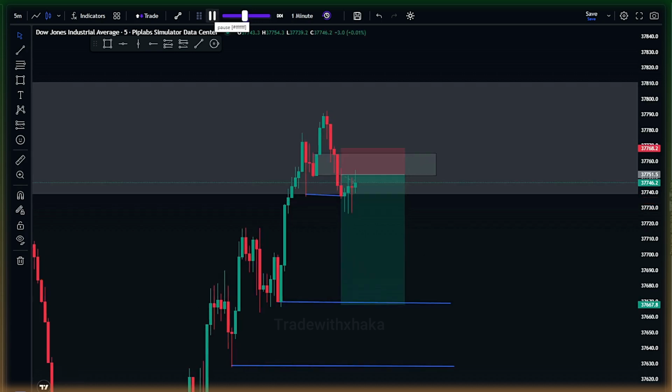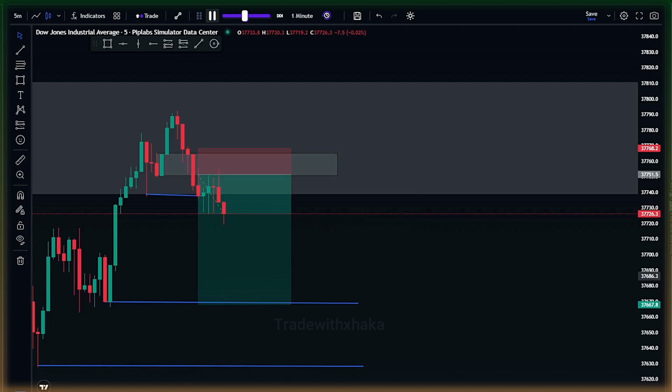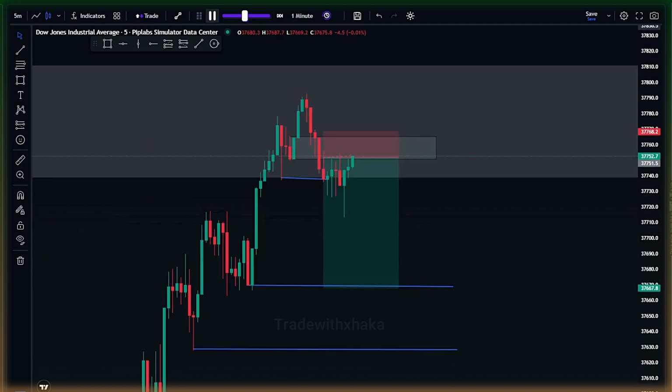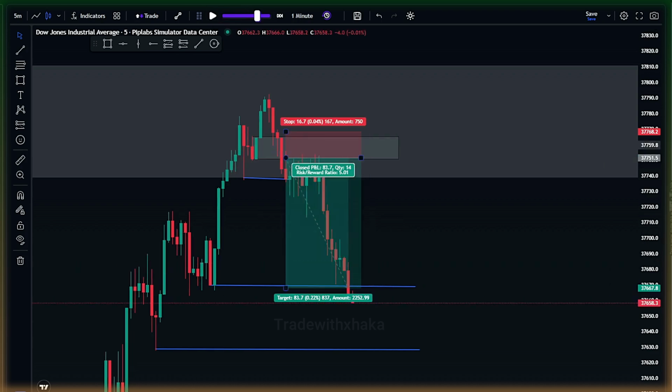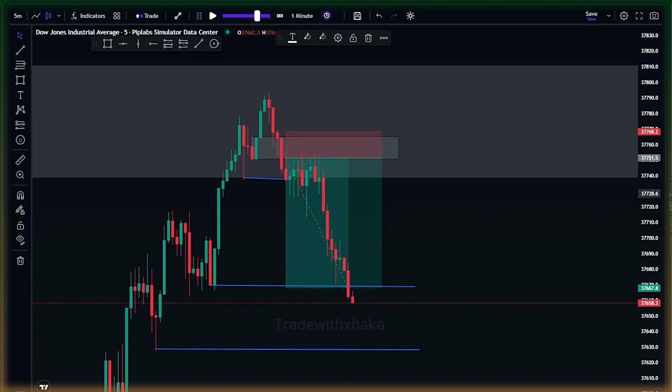Boom, we are mitigated. So let's see what will happen if we jump. Still pushing through. Numerous attempts are trying to take us out. Beautiful. You can see you have made your 5R.